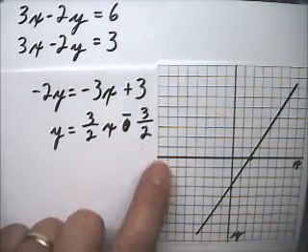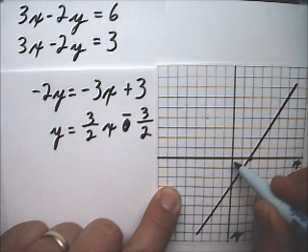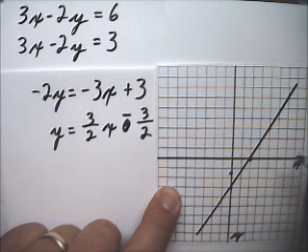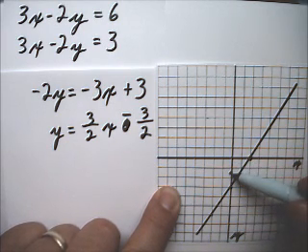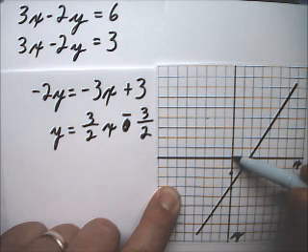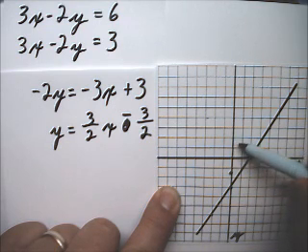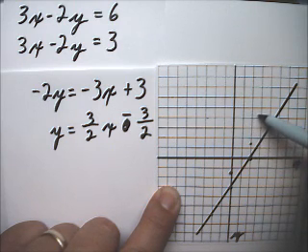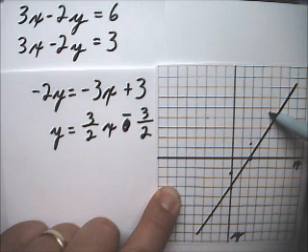The y-intercept is -3/2. So -3/2 is -1.5 right there. And the slope is 3/2. So I go up 3, 1, 2, 3, and to the right 2.